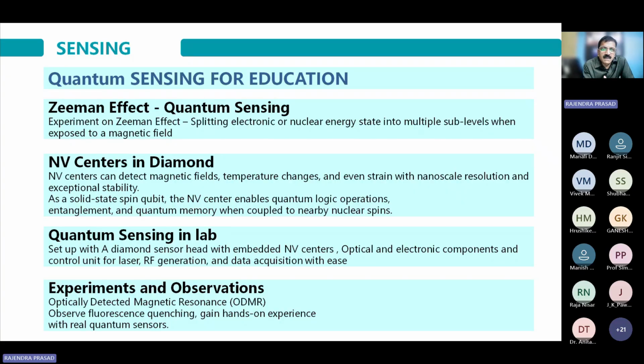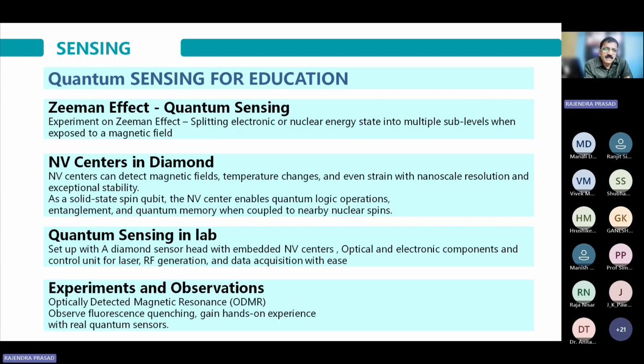But the basic fundamental part of it is it uses the Zeeman effect, and the Zeeman effect is the splitting of the electronic and nuclear energy levels into sub-levels, meaning the two-level system, simple to understand, low level and high level, when excited or exposed to a magnetic field. When exposed, it splits the energy into two. Now, this splitting, multiple splitting or double splitting, can be used to understand the field.